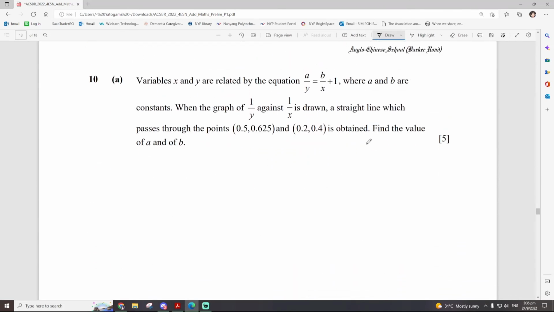Variables x and y are related by this equation: a over y equals b over x plus 1. Okay. So this is a linear law.